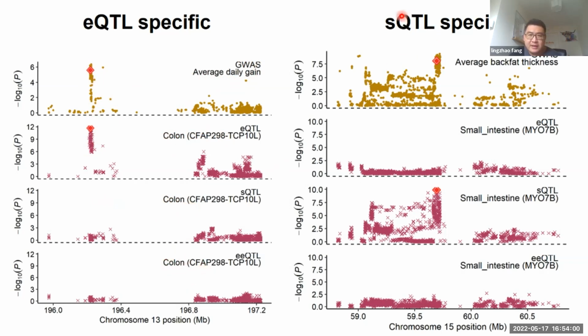But this is splicing QTL specific colocalization with GWAS loci. The GWAS is for average back fat thickness, and we didn't see any signal for the average expression of this gene in small intestine, but a perfect colocalization for its splicing patterns.